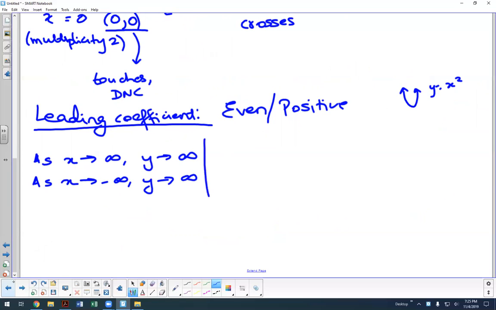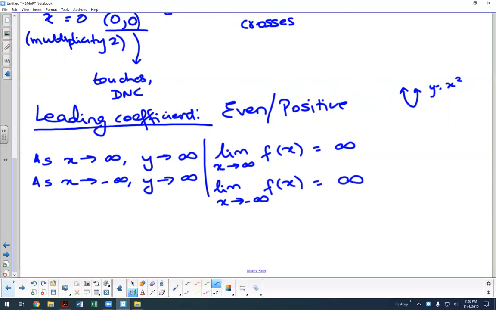In limits, as x goes to positive infinity, our function goes to positive infinity. As x goes to negative infinity, our function will still go up to positive infinity. So both arms are going to go up.